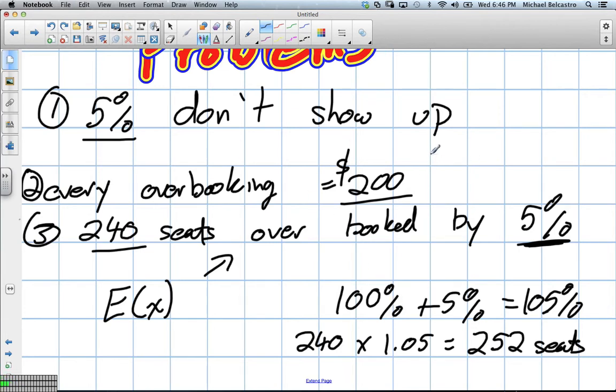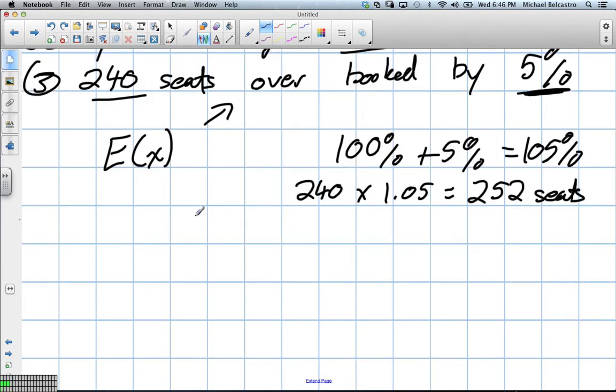Now, we know the payout is $200 each. If 5% of people don't show up, we have our binomial distribution, and there are many probabilities we have to find out. Because there are 252 seats booked but only 240 seats, that's an extra 12 seats booked.